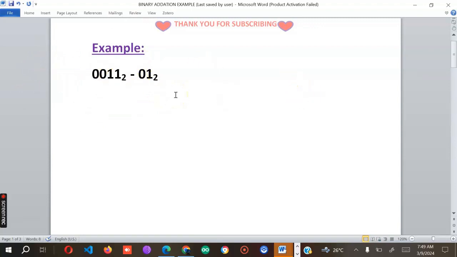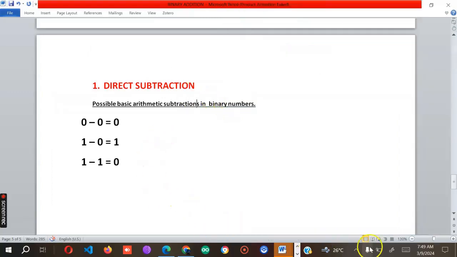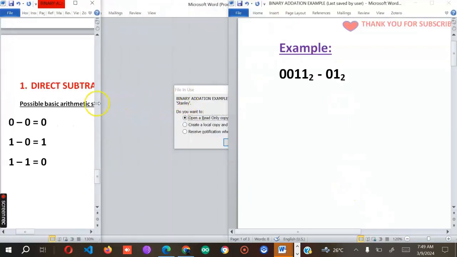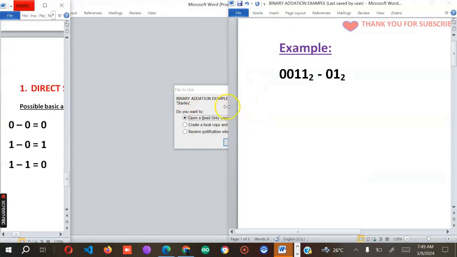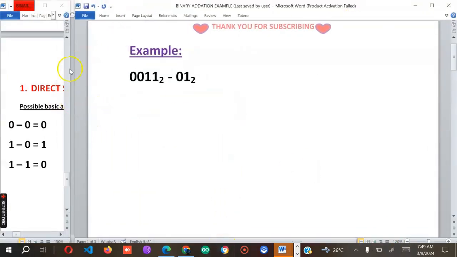Okay, let me create two screens so that we can make our work easy. So we have 0, 0, 1, 1 and 0, 1 base 2.